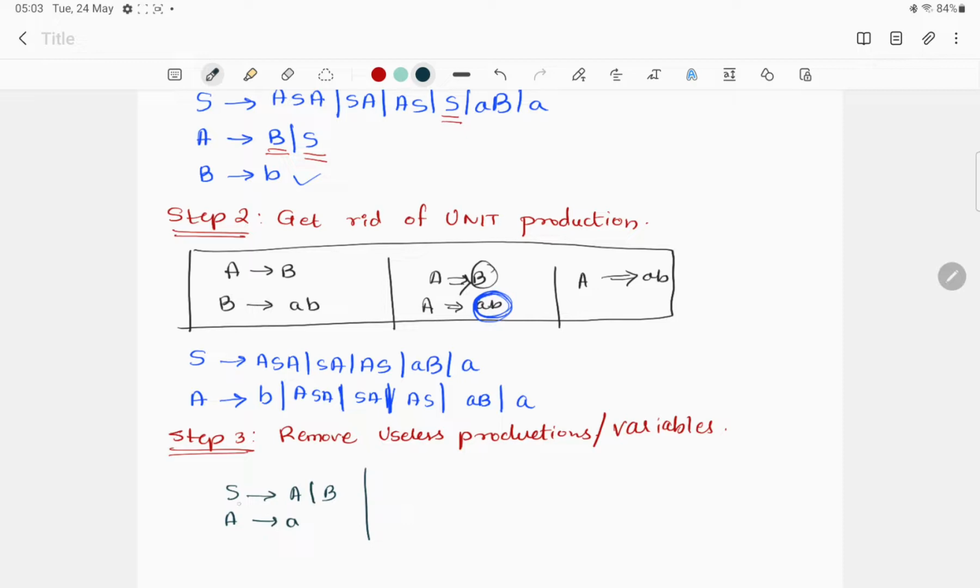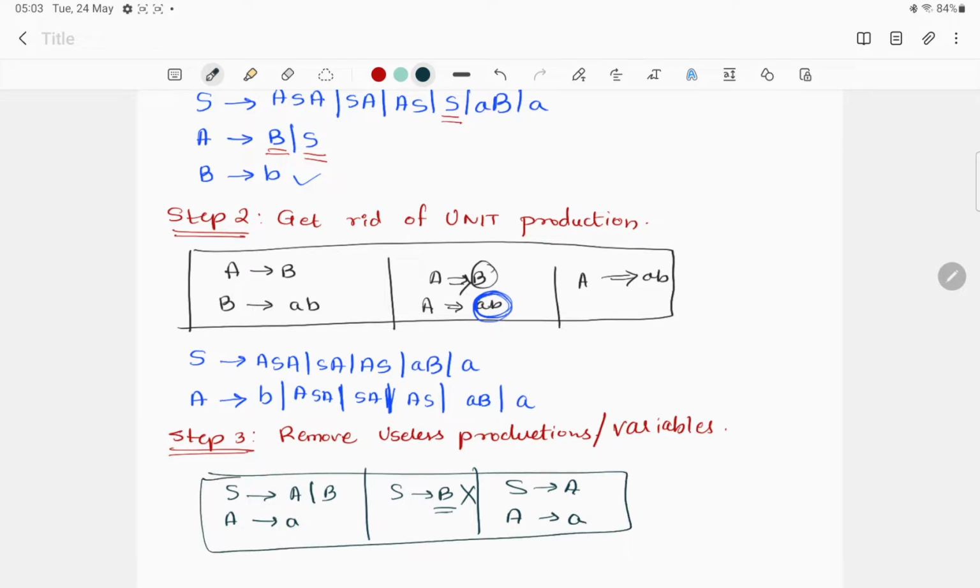In that case, B cannot go anywhere else, so simply discard this type of rule. That is the removal of useless production. Then the grammar will be like S giving A and A giving A.